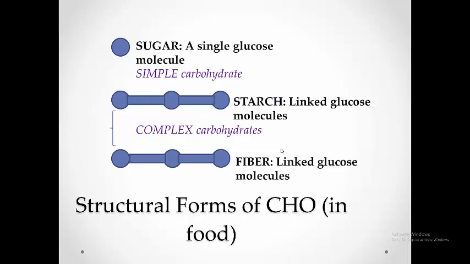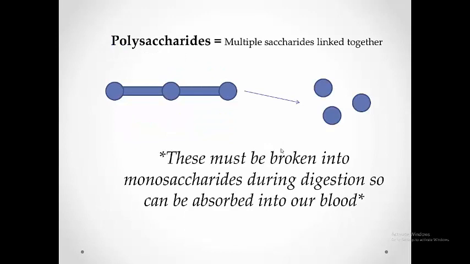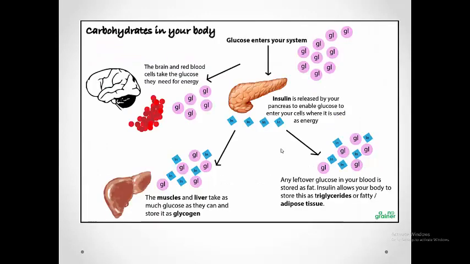So we're going to talk in terms of sugars, starches, and fibers, which are, as you know, what's listed on the Nutrition Facts panel. Polysaccharides, remember, are all those multiple saccharides linked together, starches and fibers. But as you will quickly come to understand, fibers are the ones which we cannot digest, both soluble and insoluble fibers.